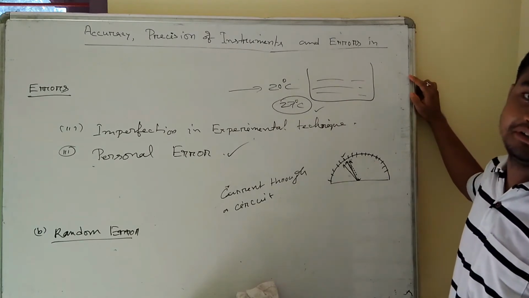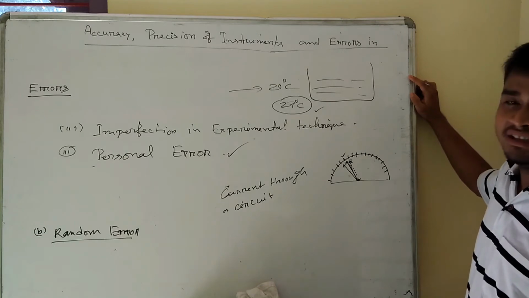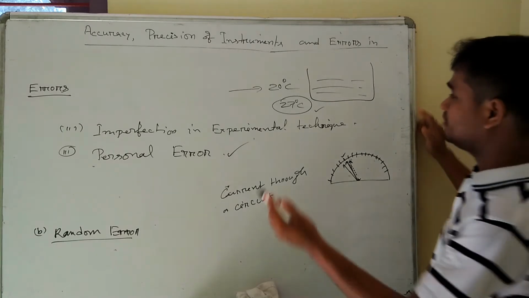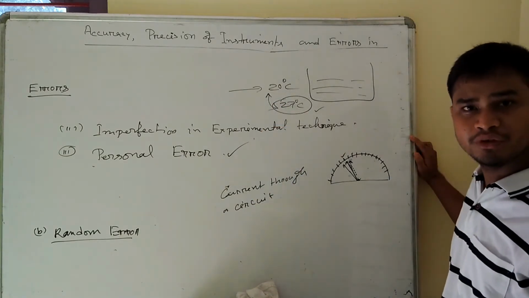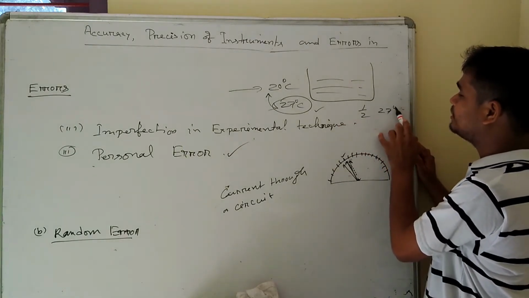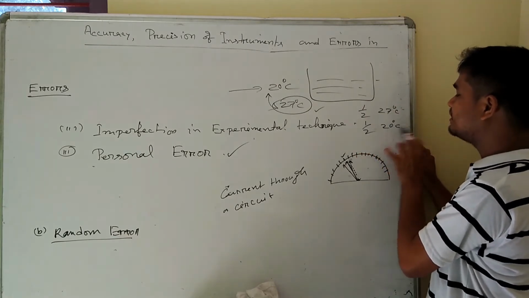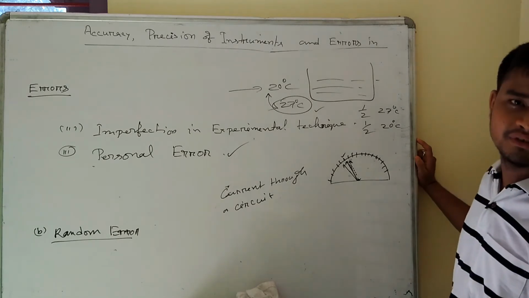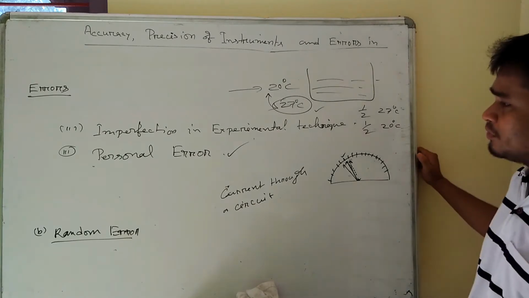Let us consider there is heavy rain and the temperature decreases to 20 degrees Celsius. Clear? Then the temperature change occurs. In the first half hour it is 27 degrees Celsius, and the next half hour it is at 20 degrees Celsius. Obviously, the result will be different. Okay, this type of error is called what?